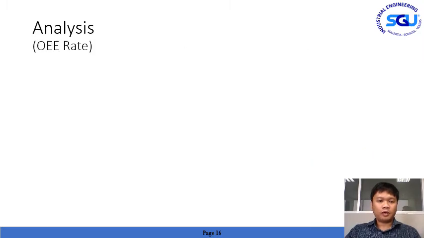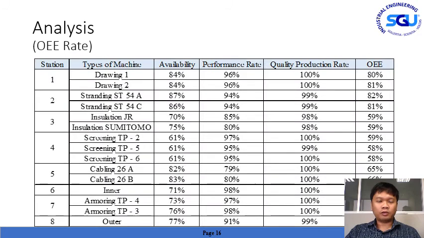Next is the OEE rate. Based on the secondary data, we calculate the OEE rate from 8 workstations, and we got the OEE rate, especially on the insulation and screening machines, of less than 60%. So this is our next target of improvement.